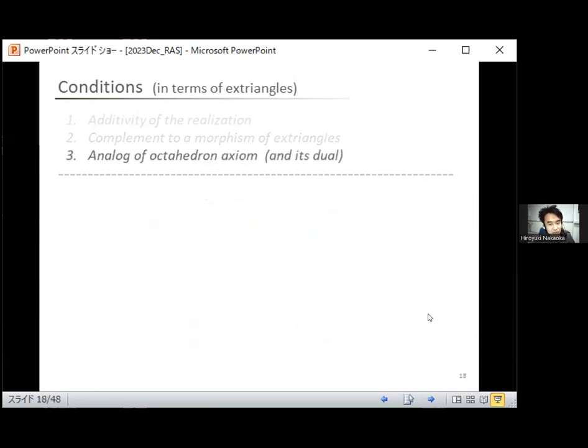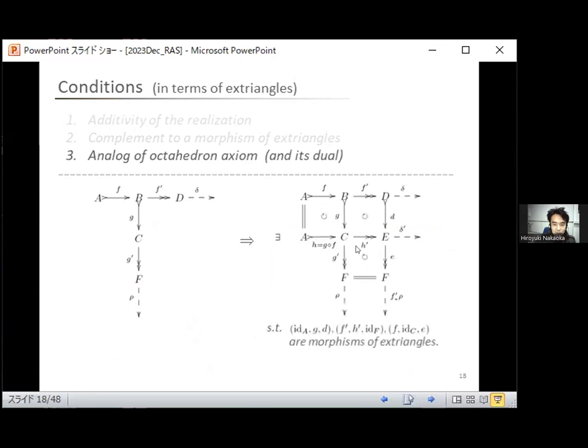And the last condition is an analog of the octahedron axiom. If we are given two X triangles in this way, then we can complete it into an octahedron of this form. Well, this is in particular saying that inflations are closed under compositions.